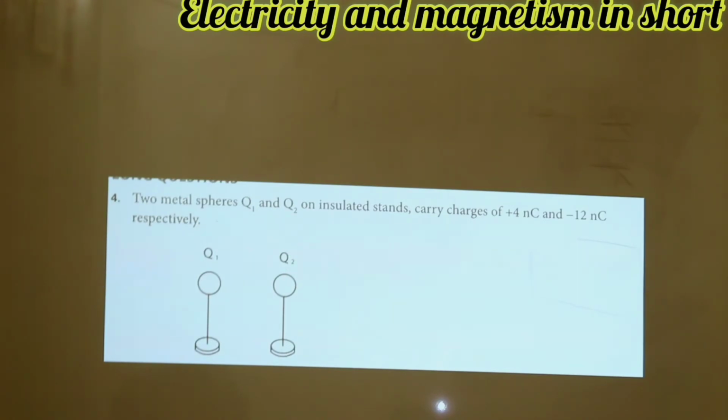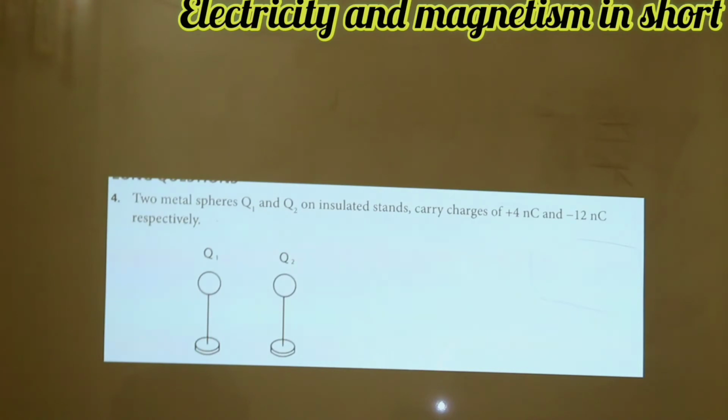What is Coulomb's law? F equal to K Q1 Q2 divided by R square. Here Q1 is plus 4 nanocoulomb and Q2 is minus 12 nanocoulomb and the distance is 2 centimeter.